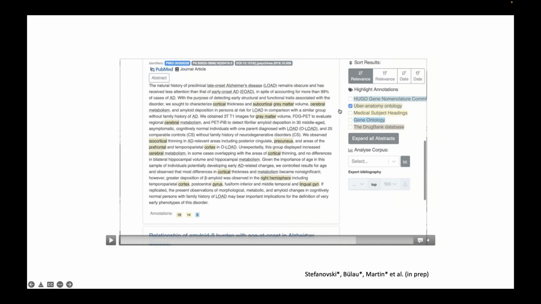And they have a number, they have an Uberon ID, a unique identifier, so that you can relate this to other anatomical terms. And you can extract statistics about this, because you can count how often a term is mentioned in this paper, and you can compare it to the overall frequency of this term.